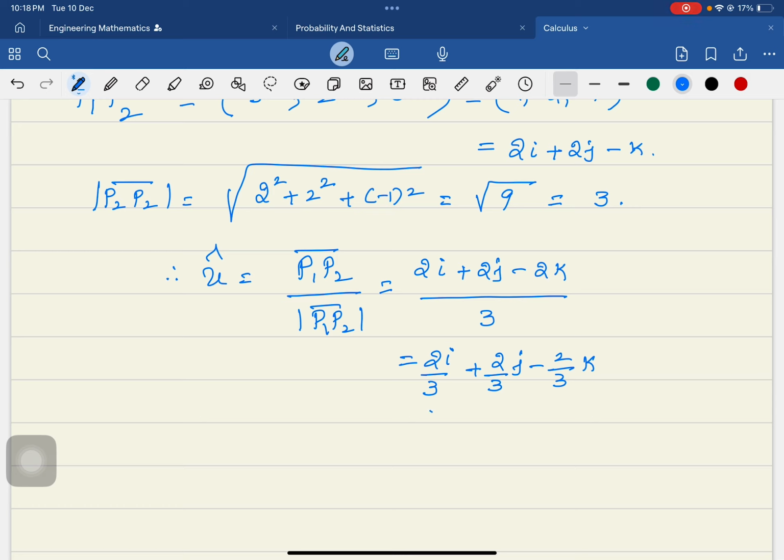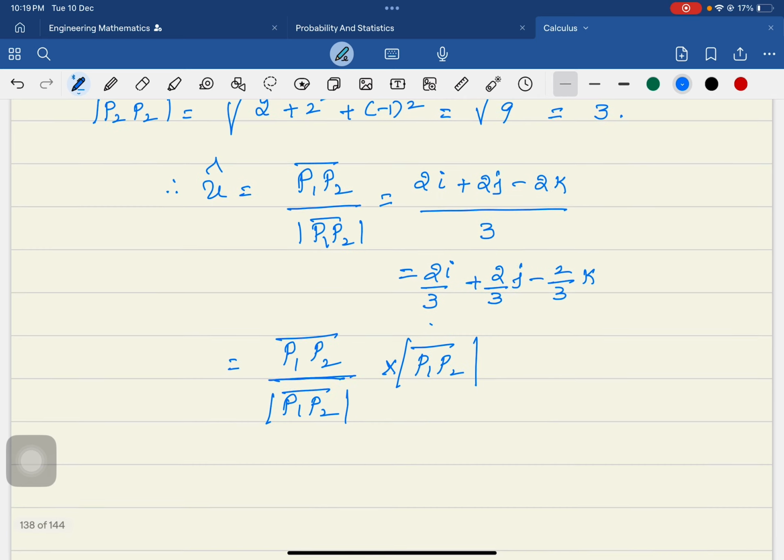Now the unit vector can also be written as P1 P2 bar by mod P1 P2 bar. That means the vector by its magnitude, and multiplied by its magnitude. What is its magnitude? Mod P1 P2 bar. Correct? Then you will get back the original vector P1 P2 bar.